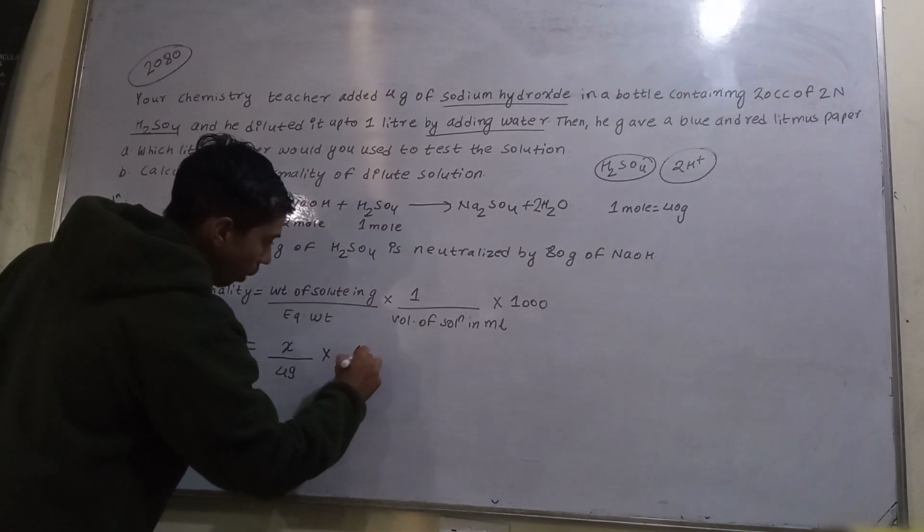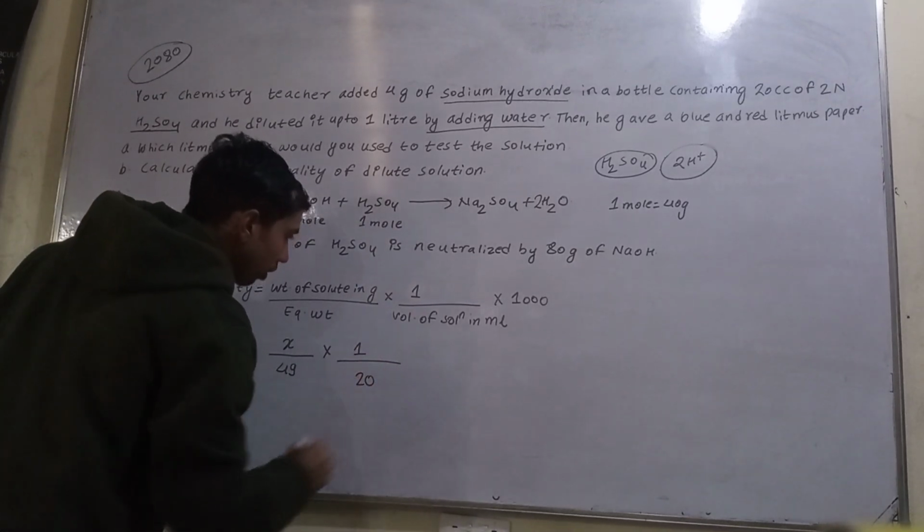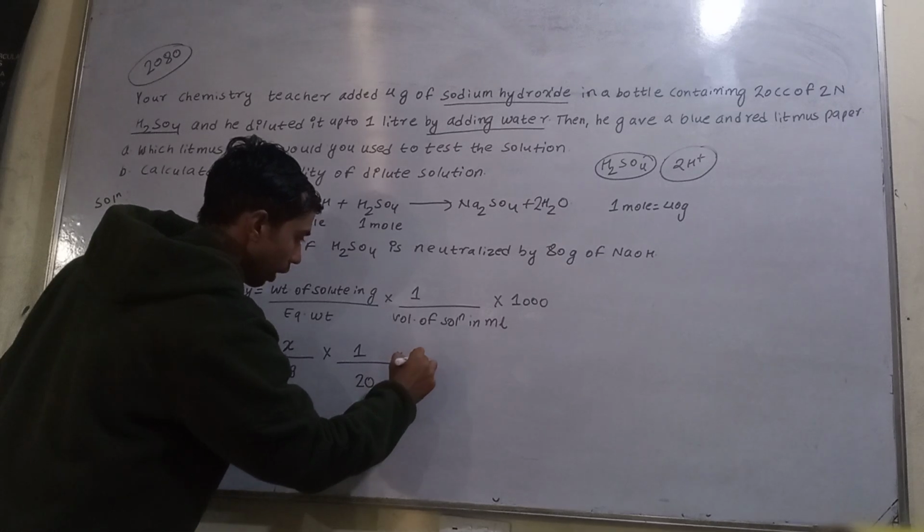Into 1 upon volume of solution, which is 20 ml, into 1000.